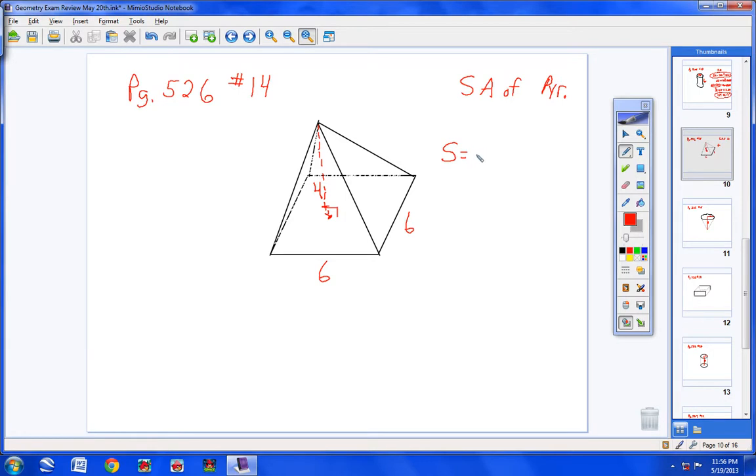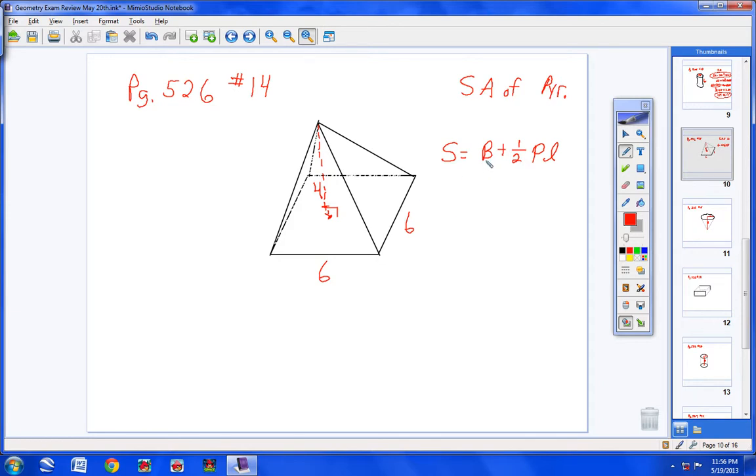Okay, surface area equals B plus 1/2, and then P, and then L. Now, if you want to real quick, Tara, write, take some notes. That's up to you. But B is area of base. Now on your cheat sheet, you can't write that down. But if you want to write that down now, so you can study later.